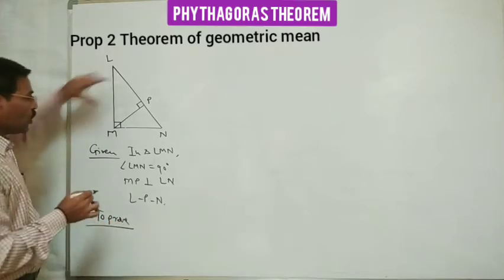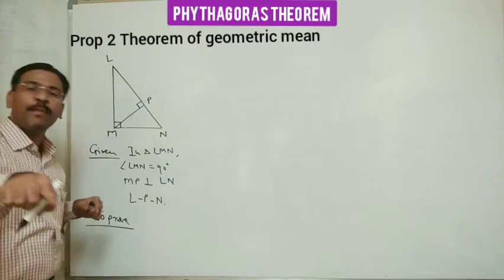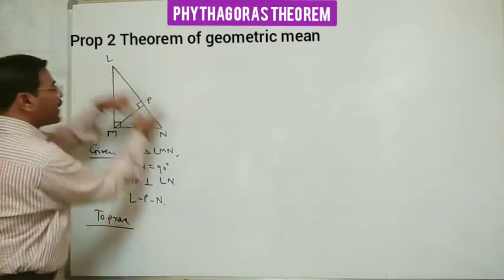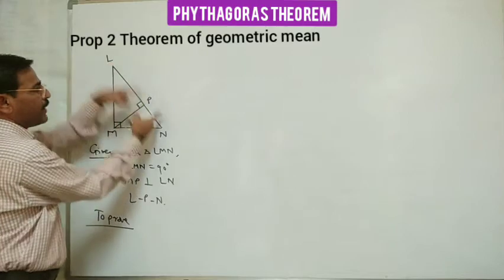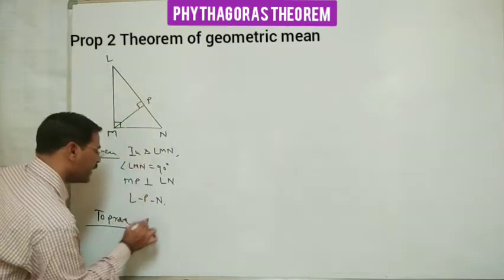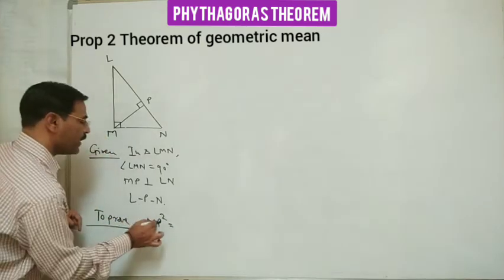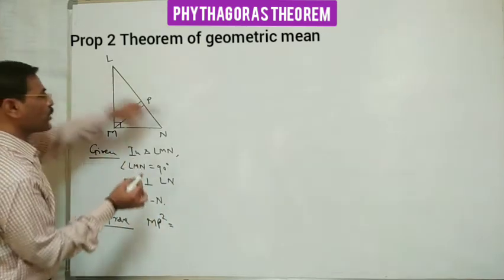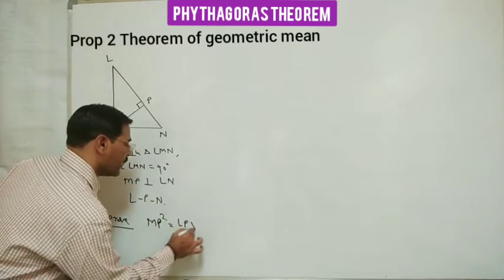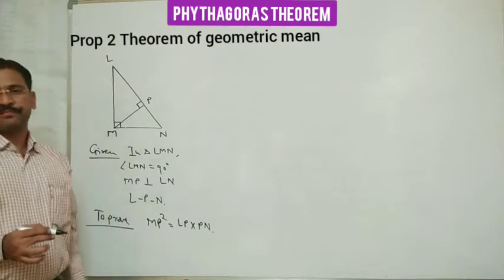We have to prove, look here, this MP, which is a perpendicular segment, is the geometric mean of the two parts of the hypotenuse, which are LP and PN. So geometric mean means what? Square of MP is equal to the product of these two, LP into PN. This one we have to prove.